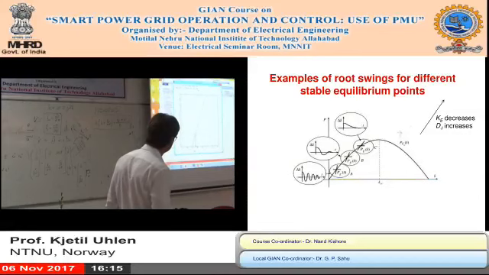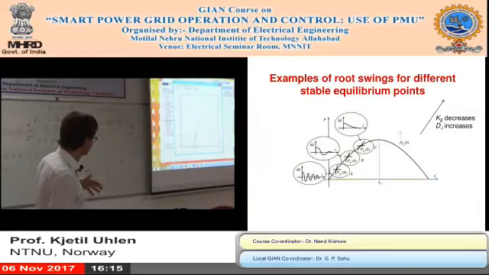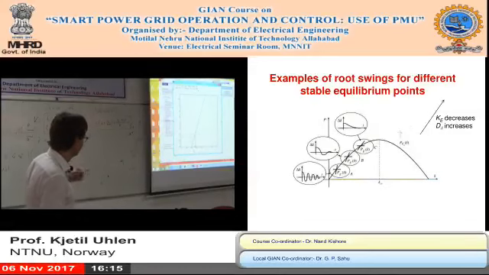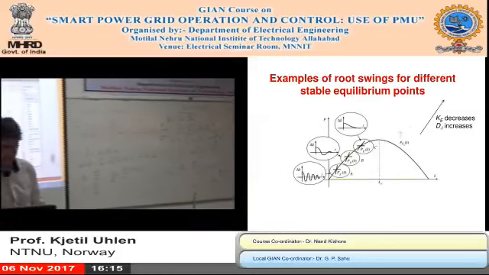It's easy to be confused as having two different curves, but one has to remember that these are steady state characteristics, and they don't say anything about the dynamics as such.